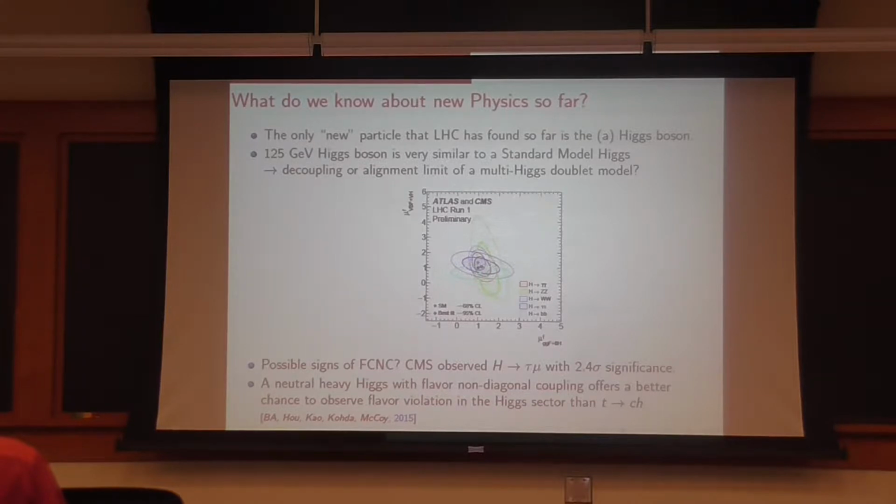But it seems that it's not going to be easy to find the other states, given this good agreement with the standard model. But at the same time, there were some signs of flavor changing interference. For example, CMS observed some small excess in Higgs to tau mu. And although it's not easy to observe the extra states, you can actually see one of them through flavor changing couplings.